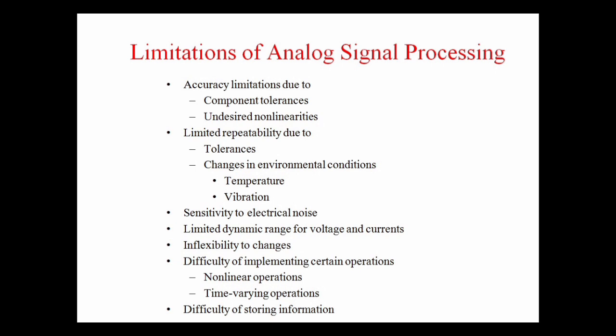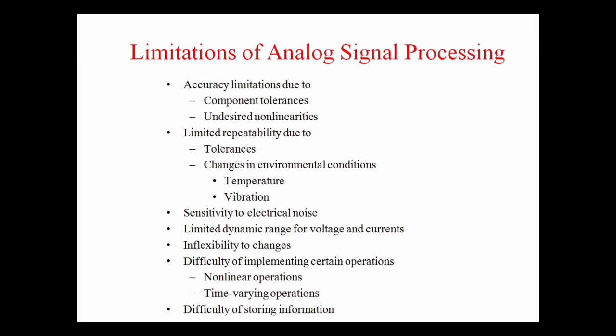Due to component tolerances and undesired non-linearities, there is a limitation of accuracy, so we can't get 100% efficiency. There is a little deficiency in getting the exact accuracy. We also have limited repeatability due to changes in environmental conditions like temperature and vibrations.